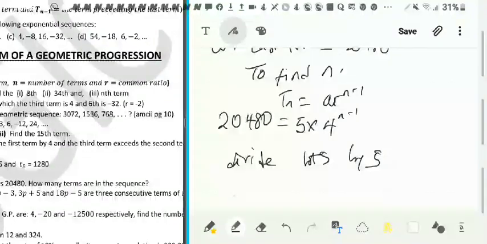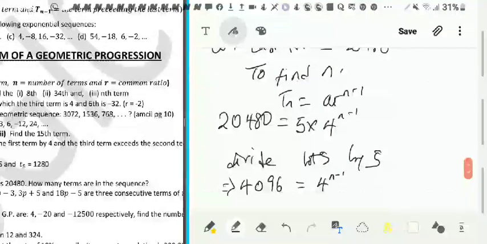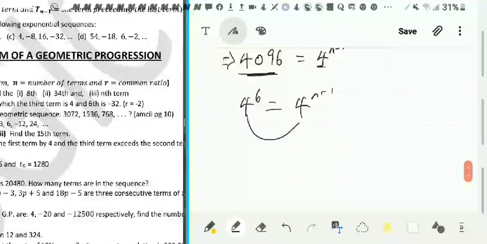So what do I have? 4096 equals 4 raised to the power of n minus 1. So I'll have to think, can I make this one have a base of 4 so that I can see how I will equate these two together? Yes. That will be 4 raised to the power of 6 equals 4 raised to the power of n minus 1. Since the bases are equal, 4 is equal to 4, equate the power. So we have 6 equals n minus 1.